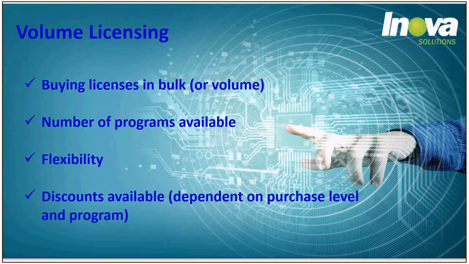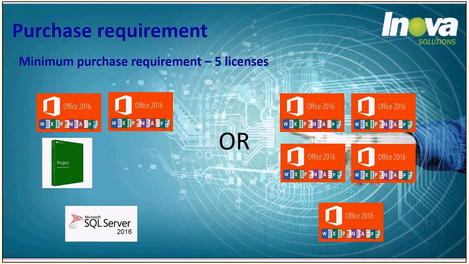For instance, if you were to purchase software through OEM, that license is only valid for that device that the software is installed on. So there's no flexibility there with the license itself. And there are discounts available, and that's dependent on the purchase level and program, which we will get into later in the webinar. So what is the purchase requirement for a volume license program?